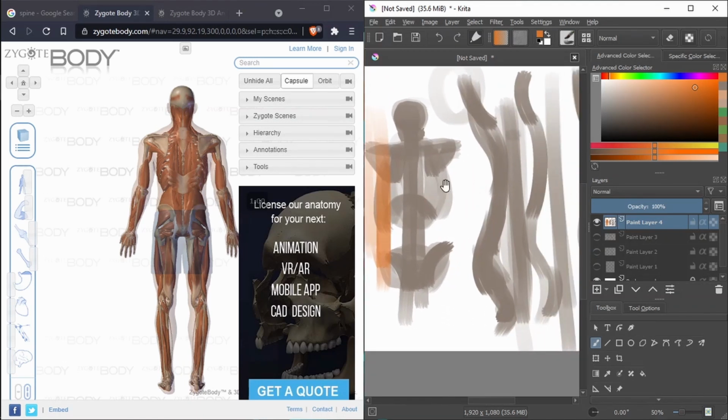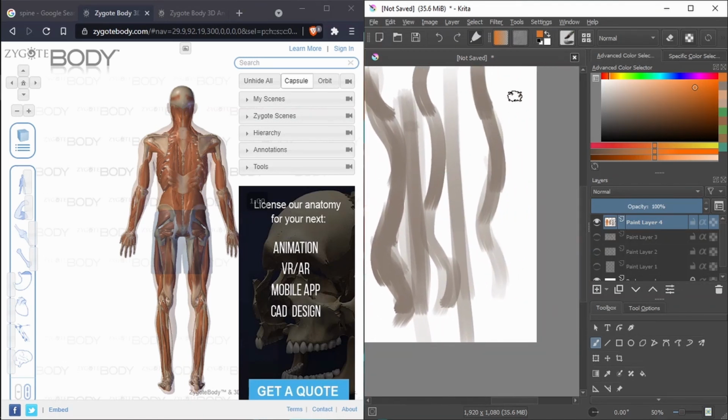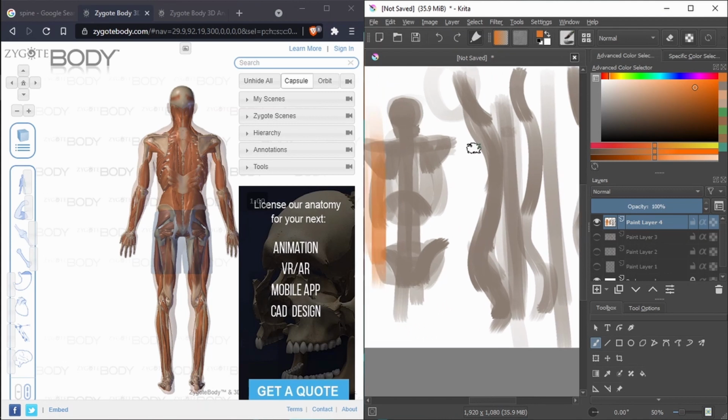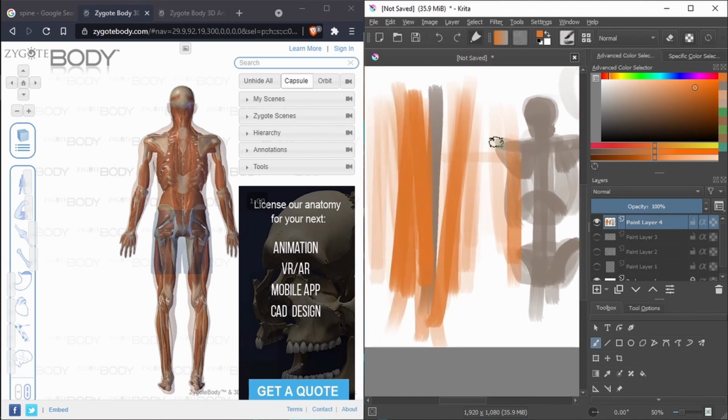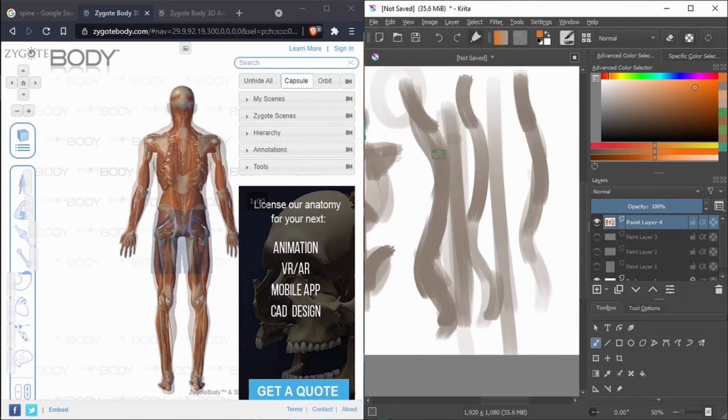So, that's the human spine. I hope you were able to glean a bit of insight from this. I know I now have a better understanding of the spine, especially where the spine sits, which could help with posture.